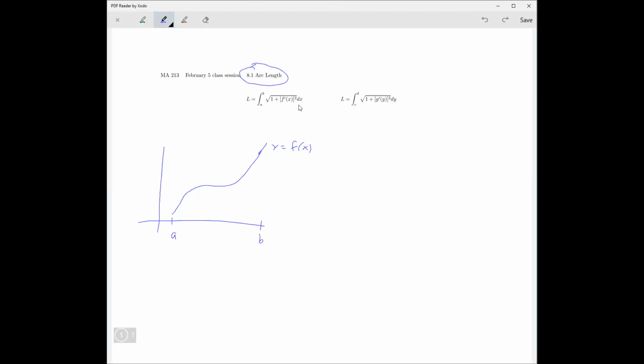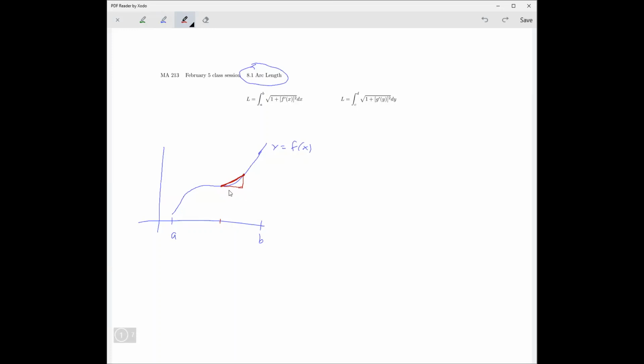Okay, so this is the formula right here. Now, let's say this is our original point, and let's say we want to estimate this distance here. The idea is that you're going to estimate it with this line segment. Now the line segment is set up like this.